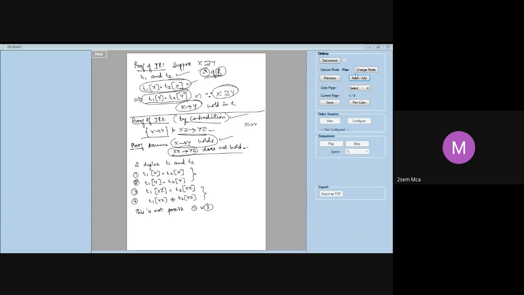See, from 1 and 3, T1 of X is equal to T2 of X, T1 of XZ is equal to T2 of XZ. So I can always write T1 of Z is equal to T2 of Z. This I can bring from 1 and 3.